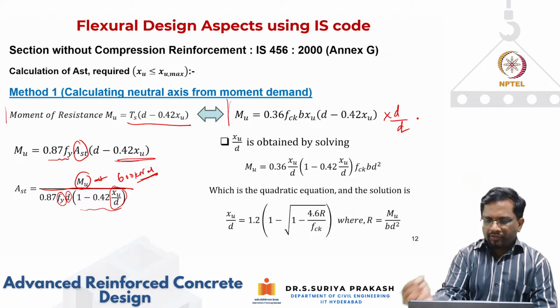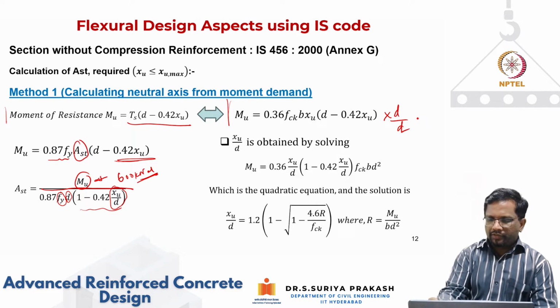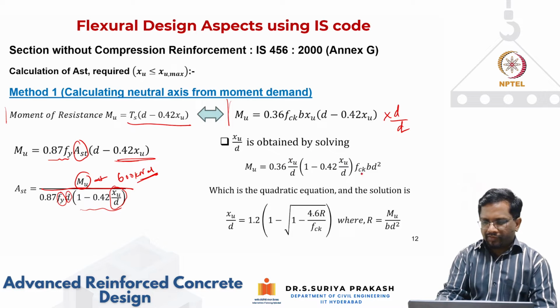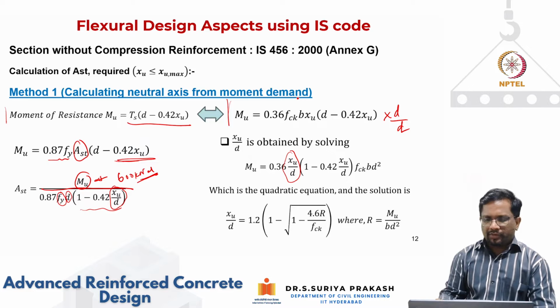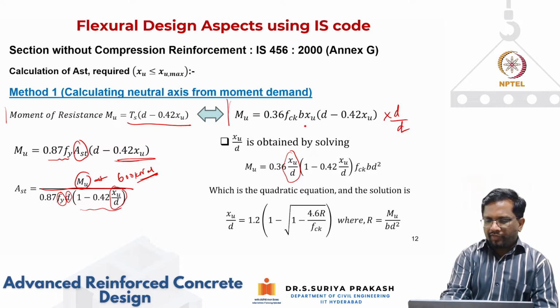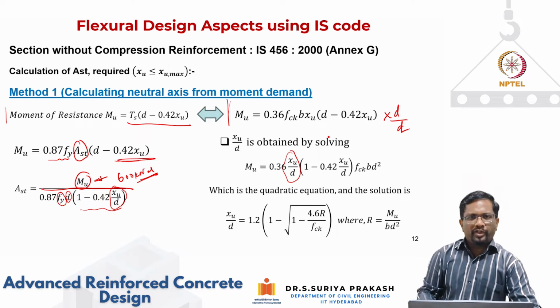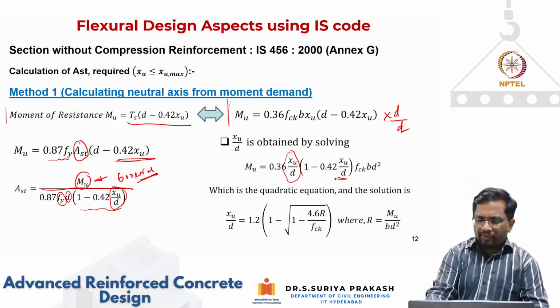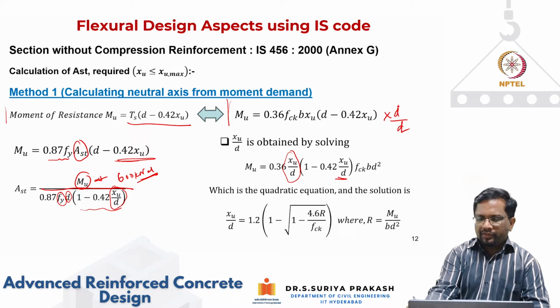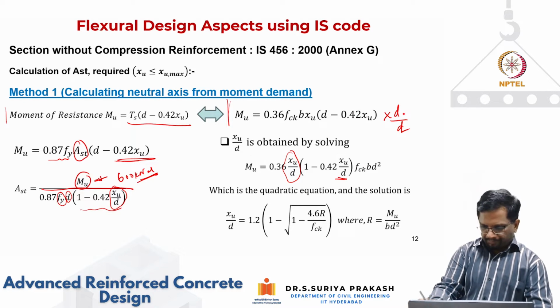So what will happen? This one d we take out: 0.36 fck, Xu by d, so it will come as 0.36 Xu by d. Then again one more d, if I take it out, it is going to be 1 minus 0.42 Xu by d. Then you will have two d's, so it will become d square.